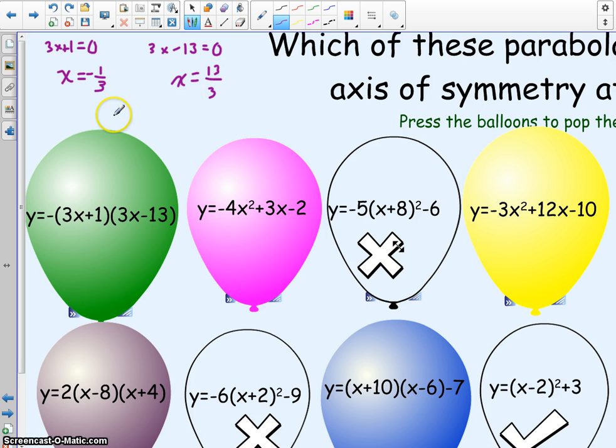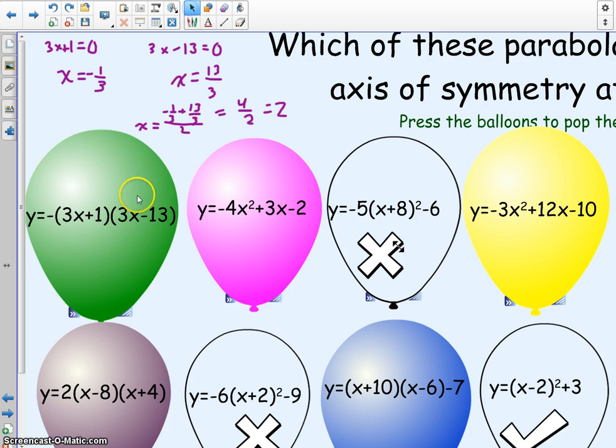For your axis of symmetry, you're going to take these two values and add them together. So you're going to get negative a third plus 13 thirds, all over 2. Negative a third plus 13 thirds is 12 over 3, which is 4. So you get 4 over 2, which simplifies down to 2.